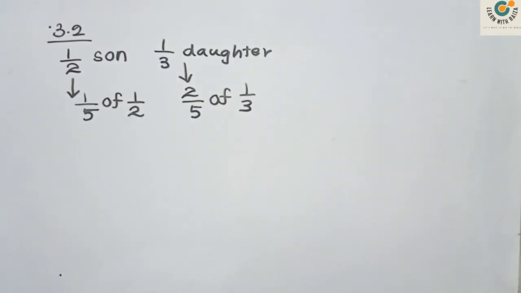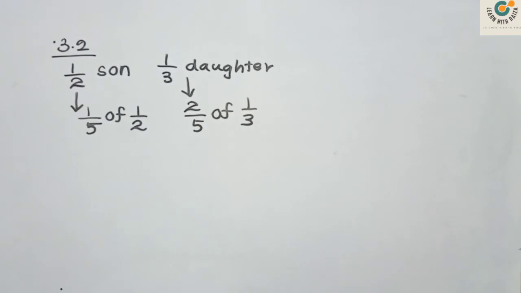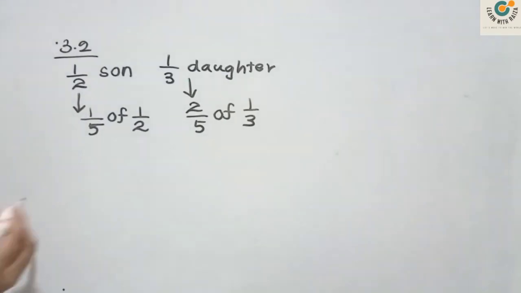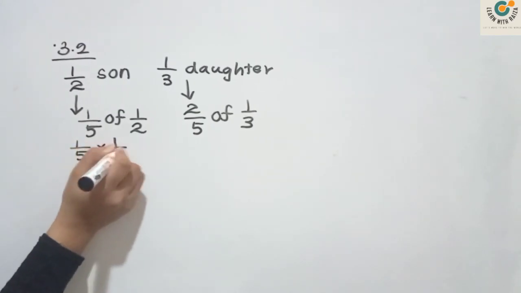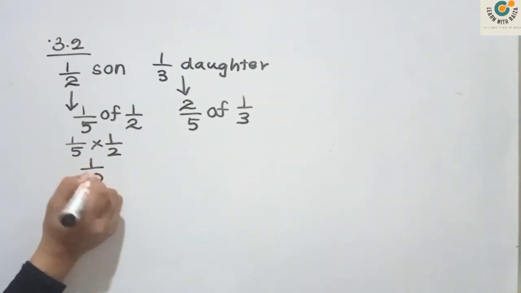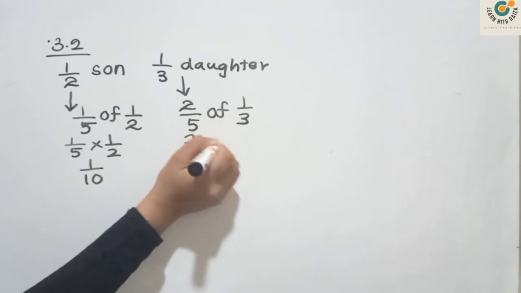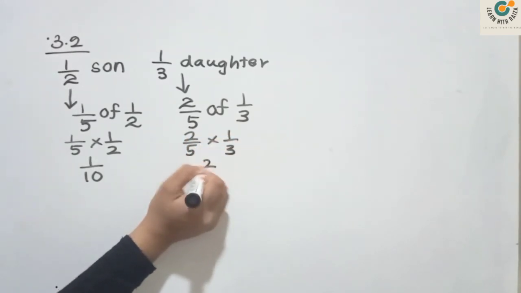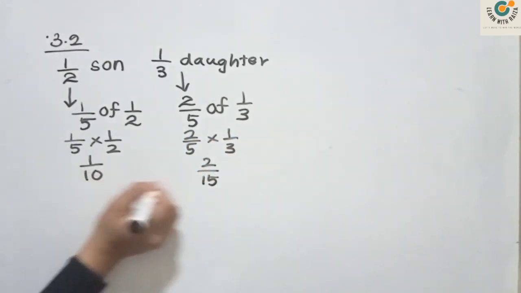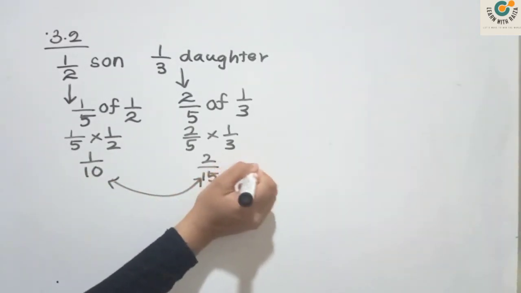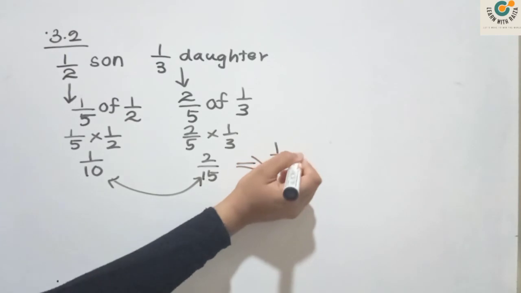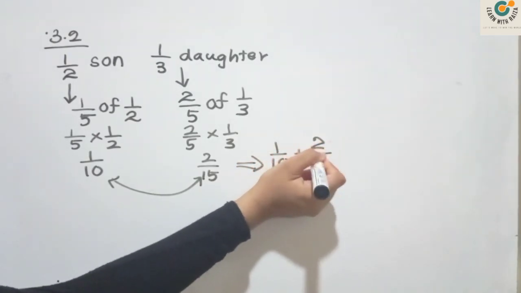The foundation decided to construct a building on half the land received. Before that we should find how much the charitable foundation received. So 1/5 of half is 1/5 into half, that is 1/10. 2/5 of 1/3 is equal to 2/15. The foundation received both, so you should add them: 1/10 plus 2/15.